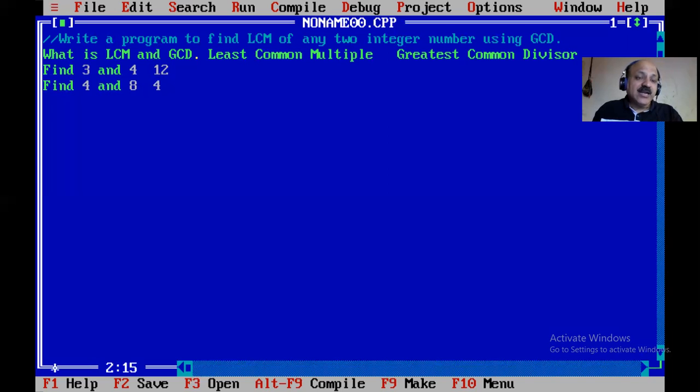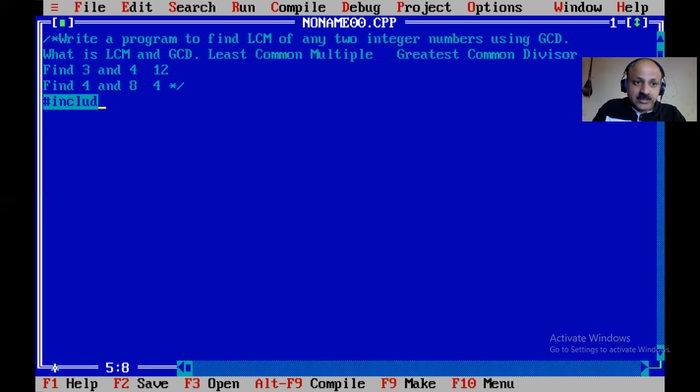Here I directly find the LCM based on the GCD. Find the LCM of any two integer numbers using GCD. How is that possible? Let us start my coding directly. If you want details on what LCM and GCD are with examples, you can watch my three previous video lectures and get a proper idea.